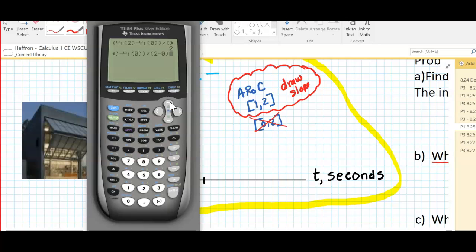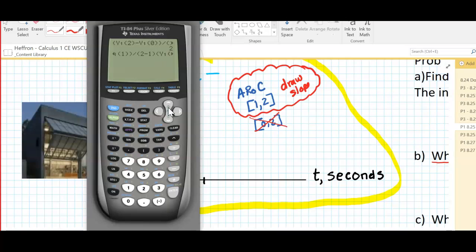So the nice thing about these calculators is you can arrow up, and now you can just edit it instead of retyping it all in. Now we want things from 2 to 1. So I can leave that first 2 and change that 0 to a 1. And again in the denominator, change that 0 to a 1 and just hit enter.